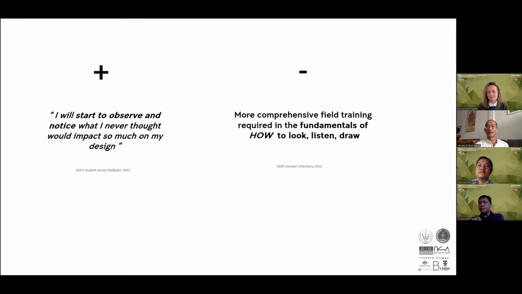On the other hand, we also acknowledge that there's still room for improvement in terms of improving our field training, that it could be more comprehensive, so that it could assist the students better to execute this exercise of looking, listening, and drawing. And we feel that because of this online condition, it didn't give us this sort of immediacy in ways that a physical class could take place together in the street.